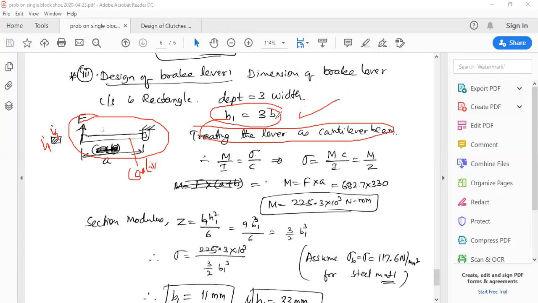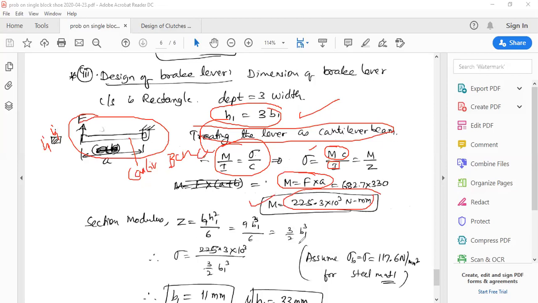As it is a cantilever beam, we can use the bending equation. The bending equation is given by M by I is equal to sigma by C. Therefore sigma is equal to M into C divided by I. What is M? M is given by F into A. That value is 225.3 into 10 raised to 3 Newton mm.